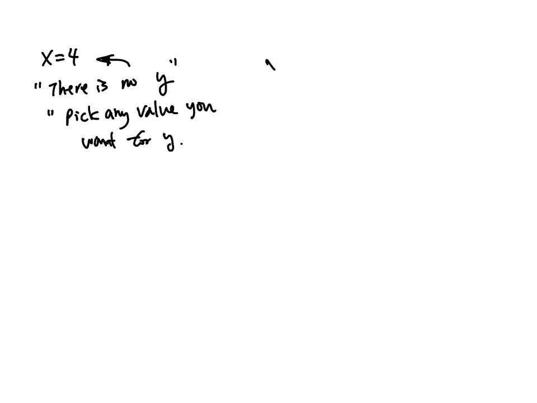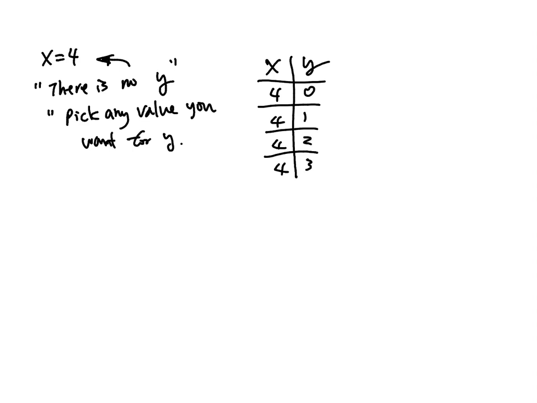So if I make a table, my x is always going to be 4, because that's what it told me. And I can pick any value I want for y. So say I'm just going to pick 0, 1, 2, 3. Okay, you can pick any y value you want.